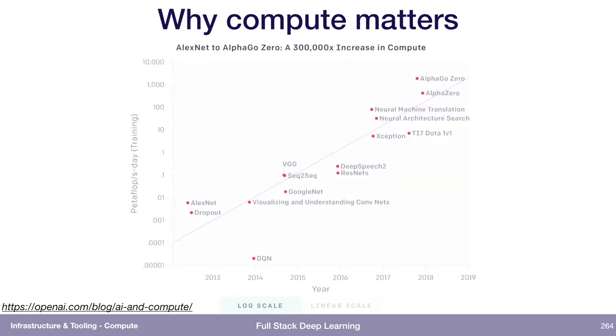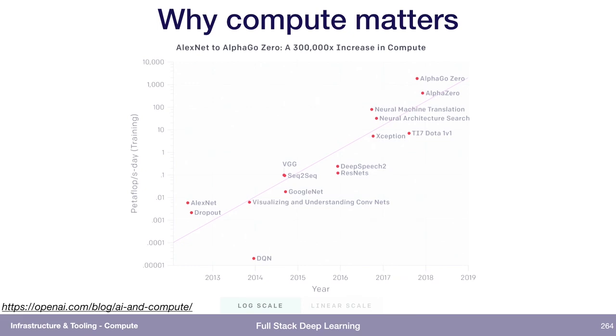So the reason it pays to think hard about your compute is because, to some degree, you can say that most advancements in deep learning over the last 5 years have occurred because of additional compute power.